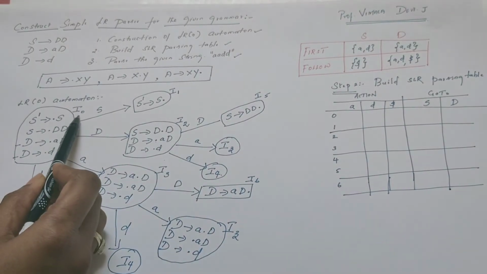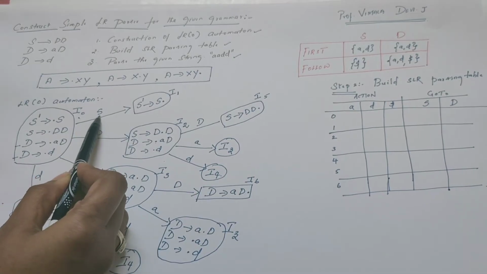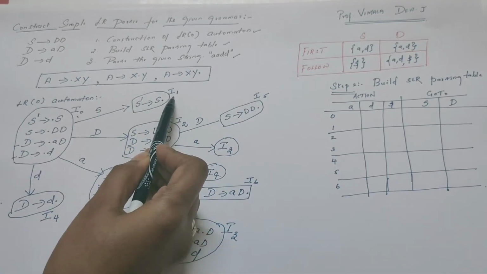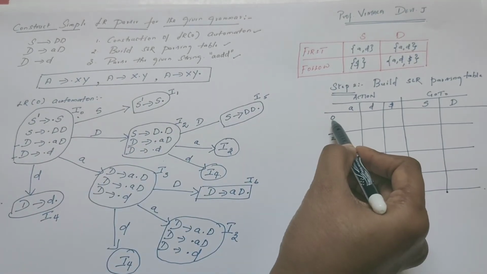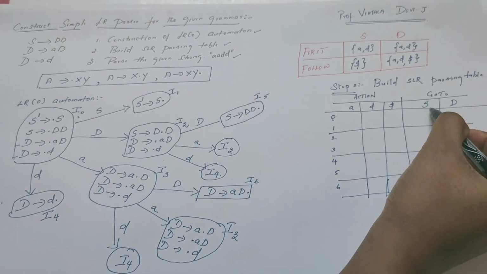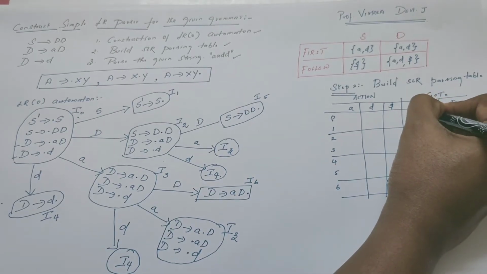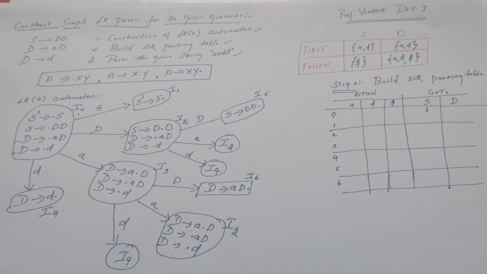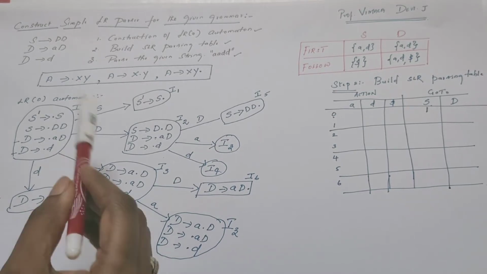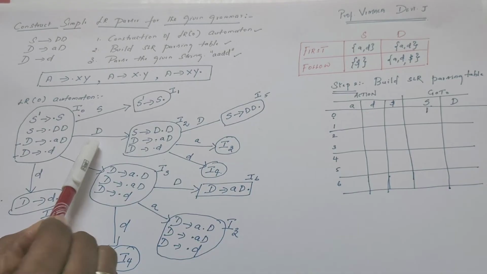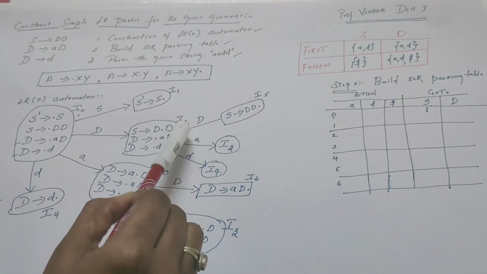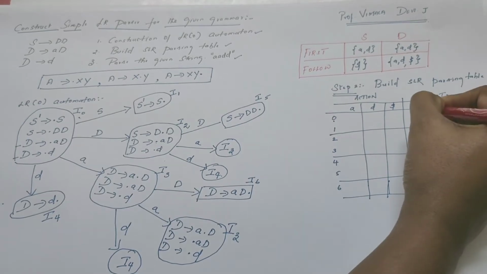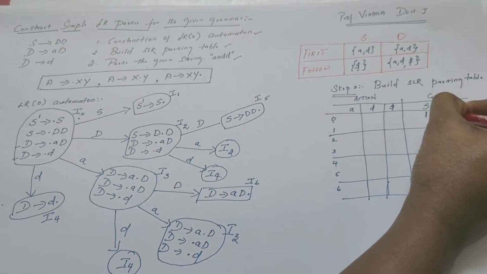From the state I0 on reading S, it's a variable S, it goes to the state 1. Now from the state 0 on reading D, it goes to the state 2. So let me enter the value here: here it is 1, here it is 2.